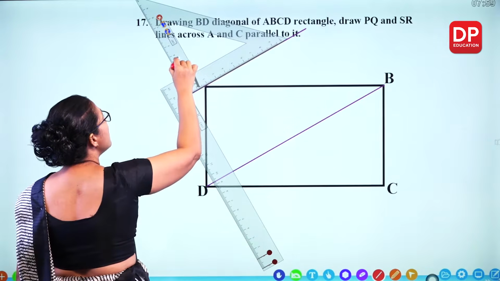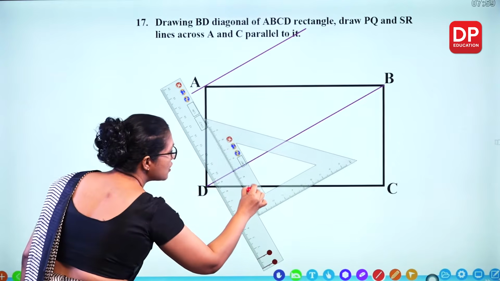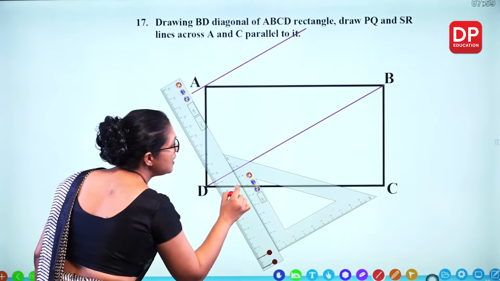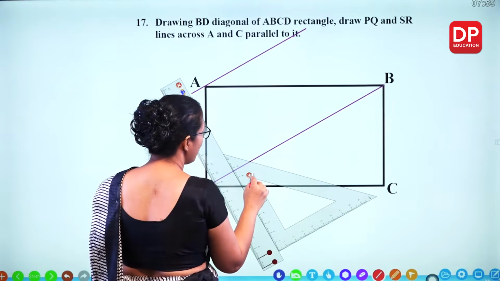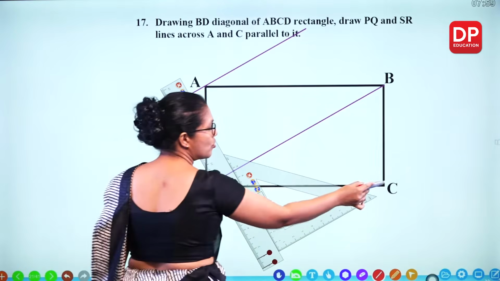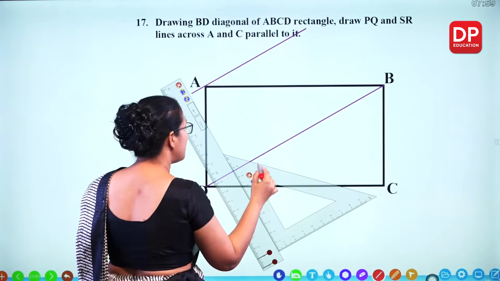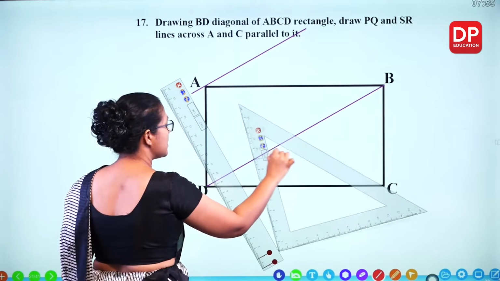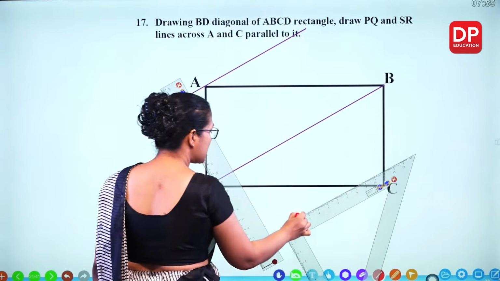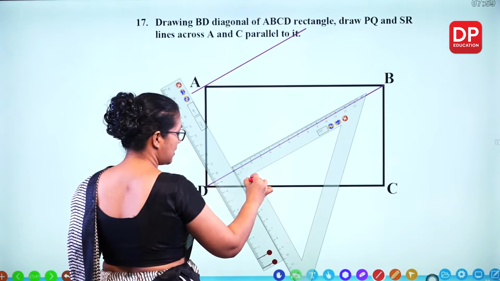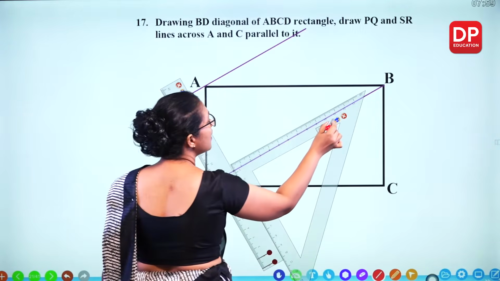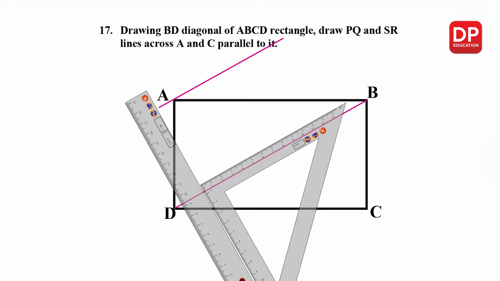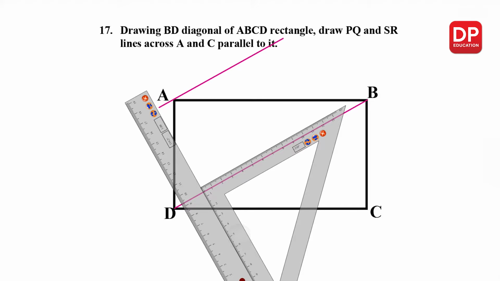And then again push it down so that you need to pass this point C. So for that here I can't reach point C, so I can do it the other way around. My diagram is too big, so what I can do, I'll rotate this so that this line is on the straight edge. Now this is okay.